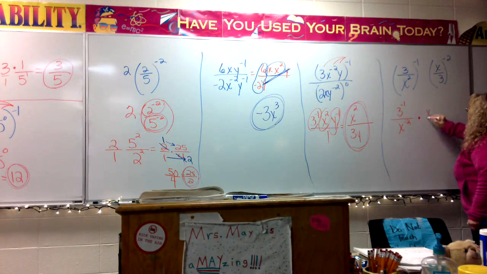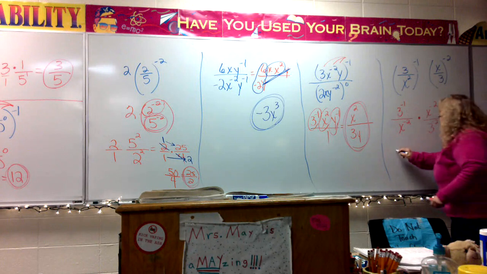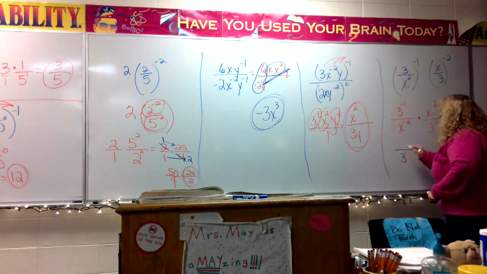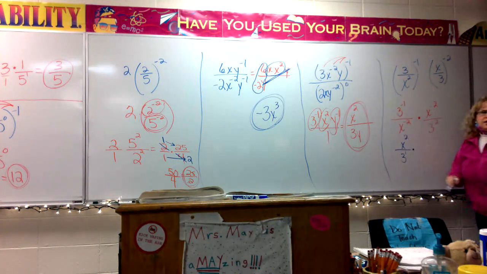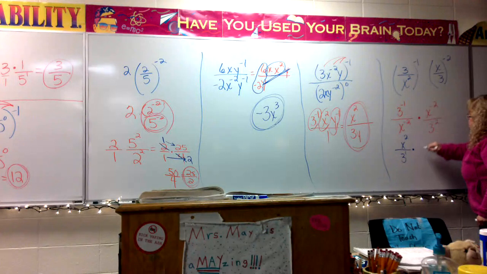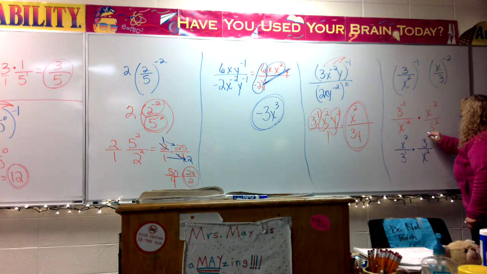X -2 over 3 to the -2. Oh my, look at all those negatives. Well, this one's negative, put it in the bottom. That one's negative, put it in the top. I don't like working with all those negatives. I'm more positive, so this one's negative on the top, so we'll put it on the bottom. That one's negative on bottom, put it on top.